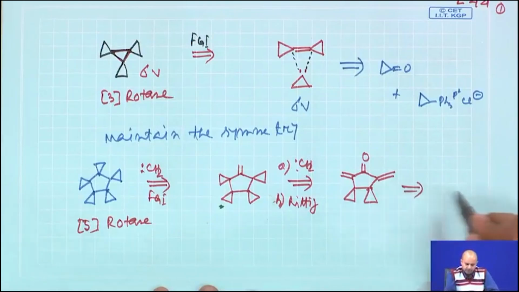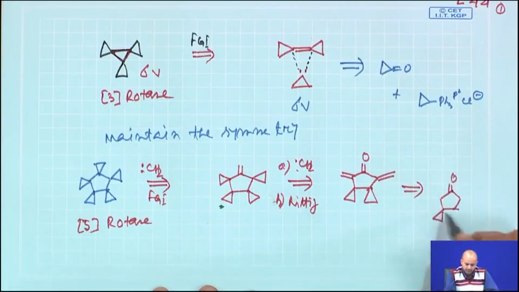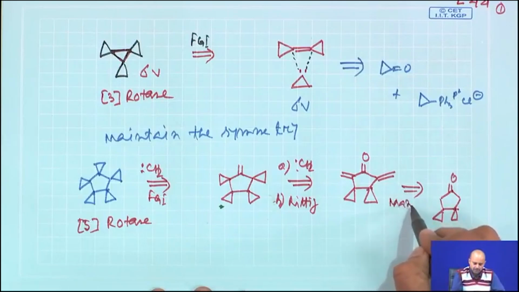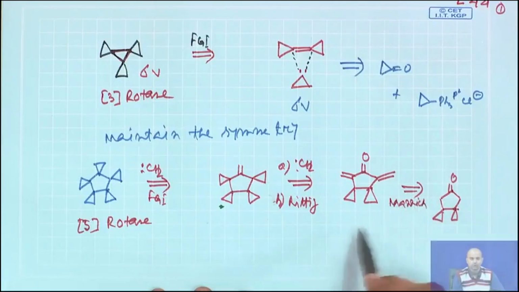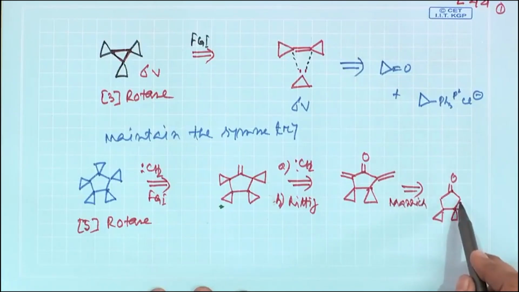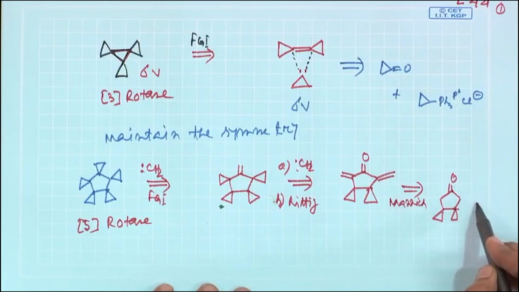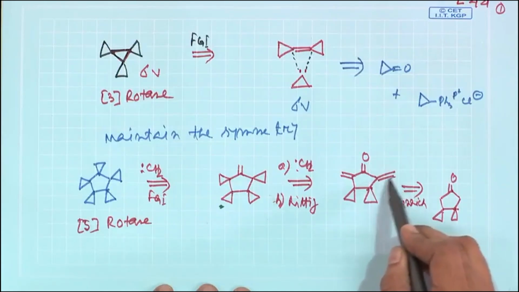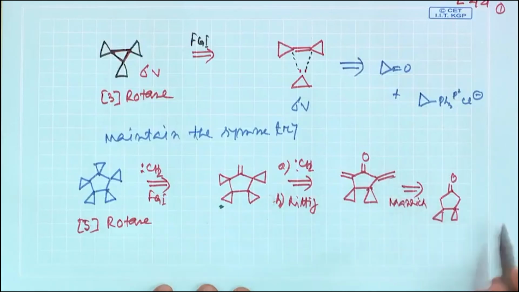Now, we are trying to simplify the structure. This compound can be easily made if you have this carbonyl compound. Basically, you can do a Mannich reaction. We have not discussed the Mannich reaction, but probably all of you know it. You react with formaldehyde and dimethylamine, which gives you CH2NMe2 here, and then you can quaternize it with methyl iodide and do a Hofmann elimination to get this exocyclic double bond. So, now your compound is here.